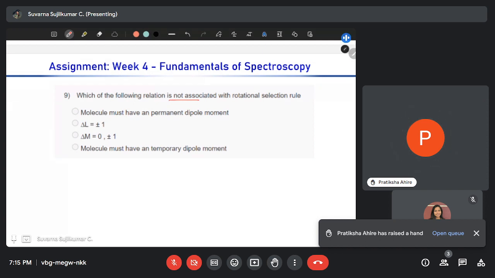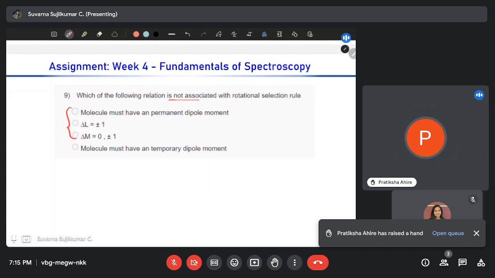That is the primary criterion for a molecule to be active in a rotational spectrum. Confused about the second and third? Are these correct or not?